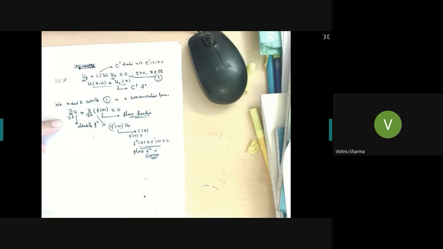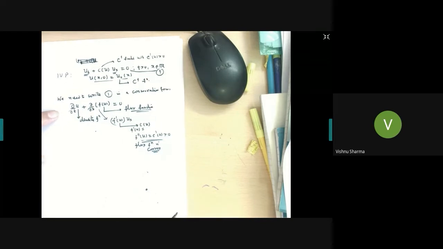So there are a large number of physical problems in which the flux function is convex. For example, the Euler's equations, which are derived from Navier-Stokes equations as a particular case when there is no viscosity or thermal conduction, have a convex flux function. But of course, there are physical examples where the flux function is non-convex.